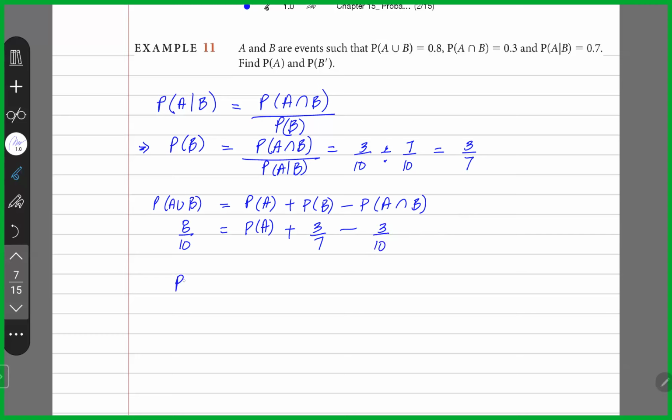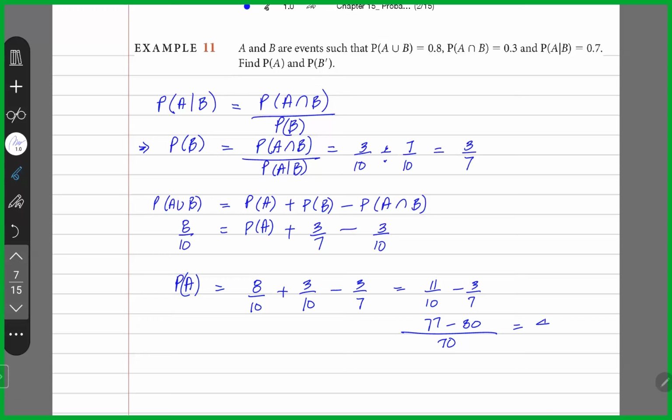So the probability of A would be equal to 8/10 plus 3/10 minus 3/7. This is 11/10 minus 3/7, over 70. 77 minus 30.